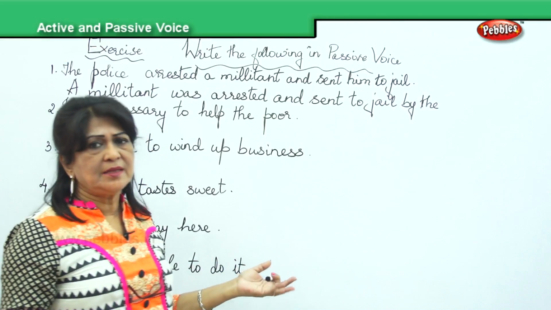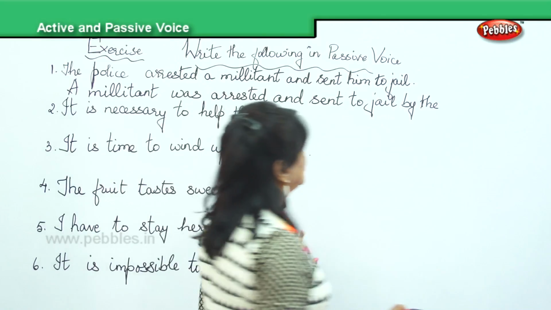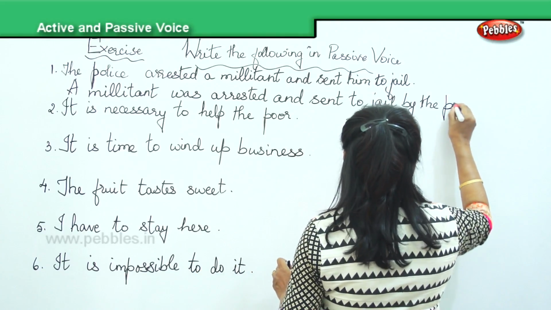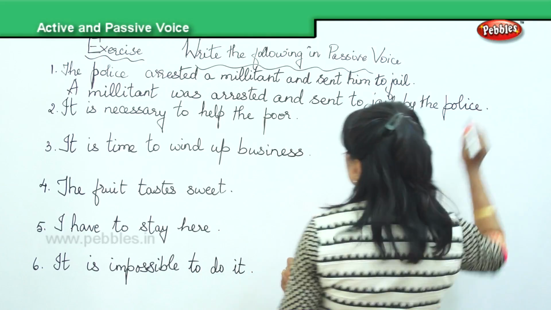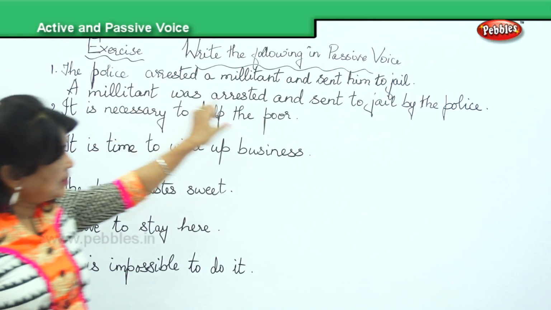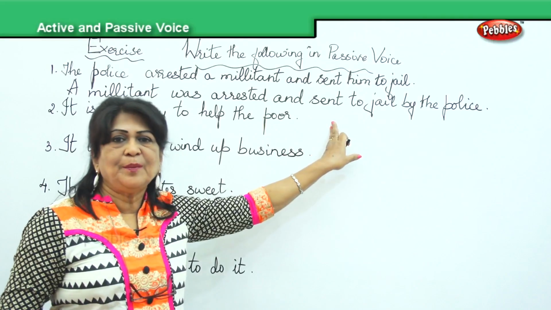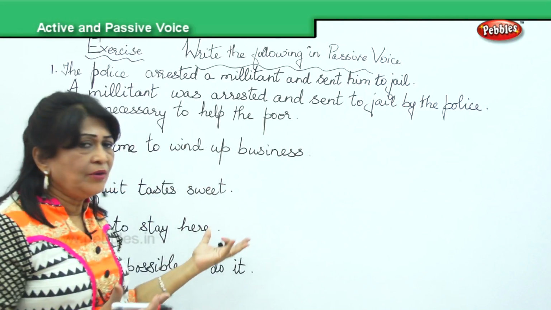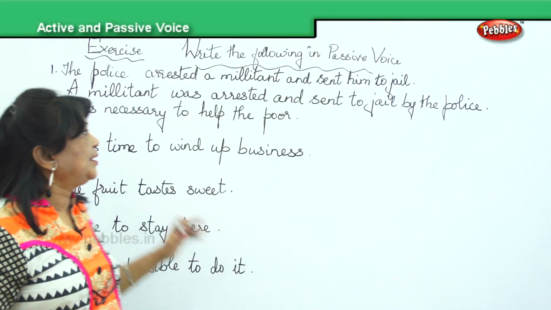Okay, he was arrested means by the police, it's understood, and sent to jail by the police. Okay, a militant was arrested and sent to jail by the police. By the police is understood. You can write it or you need not write it.